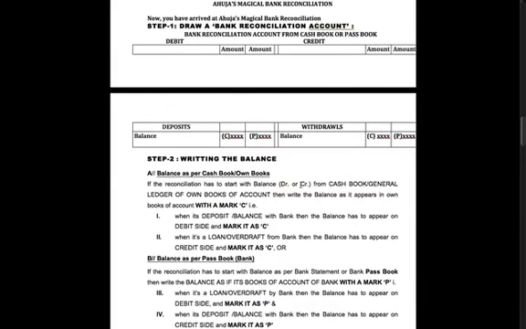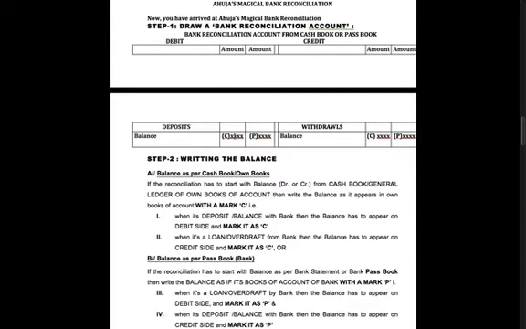Now you have to be very cautious here while writing the opening balance. One trick I have already explained: if it is from the cash book, then step into the shoes of the accountant of the businessman. If it is from the passbook, step into the shoes of the accountant of the bank, and then write the opening balance on either side.